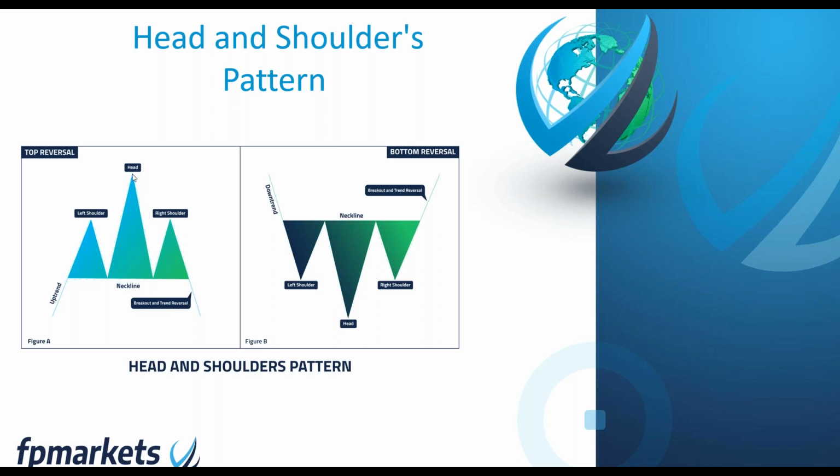So all we do is take the measurement between the head and the neckline and extend this from the breakout point or the breakout candle. Okay, and the same goes for this one. We take the distance between the head and the neckline and extend this whole value to the breakout point or the breakout candle. Okay, so I hope that's clear.